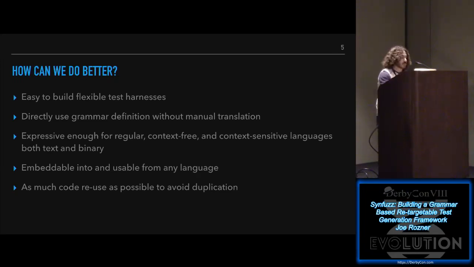Being able to directly use the grammar from our parser is great. If I've already gone through the process of writing a parser, so in the instance of one of the reasons I built this, we built our own implementations of a handful of different SQL parsers because we needed it for an analysis tool. And one of the big problems we're trying to figure out is how close is our grammar to the original one?